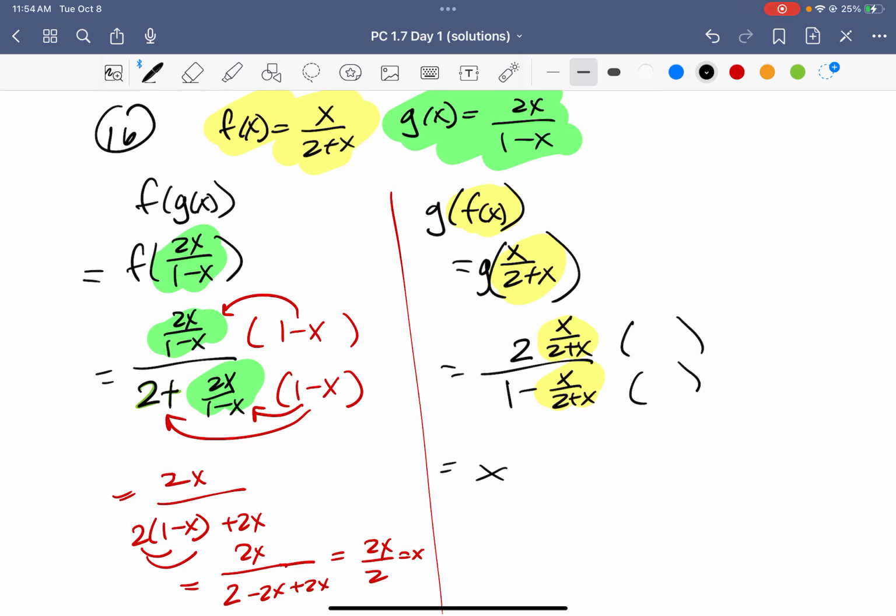So now if I multiply the top and bottom by a well-chosen 1, it hits this on the bottom and gives me this. Hits this and gives me minus x. And on top it hits this and they cancel out, and I just get 2x on the top.